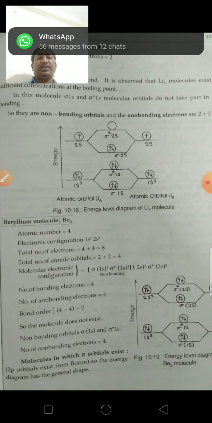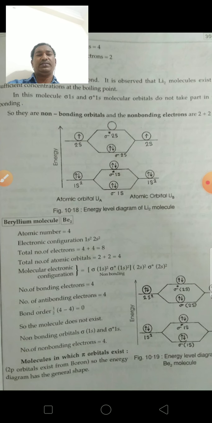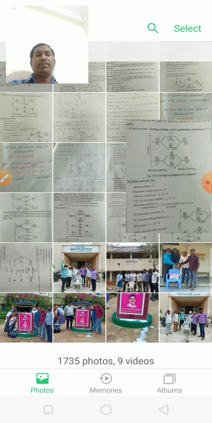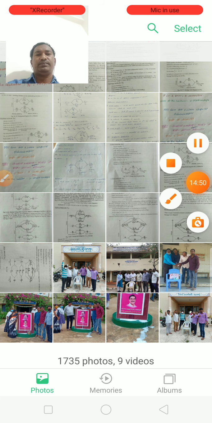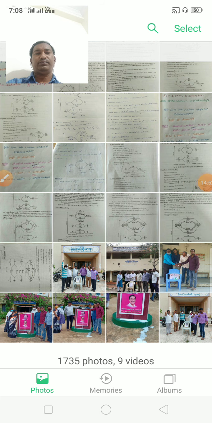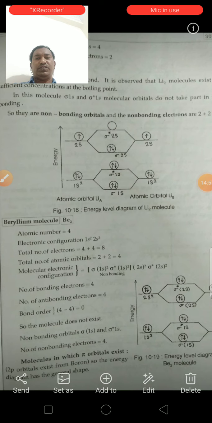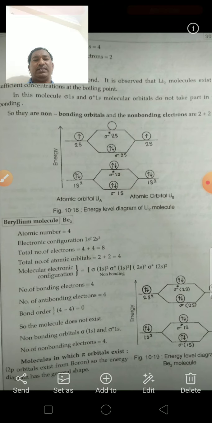These 8 electrons fill the molecular orbitals from bottom to top: 2 electrons in sigma 1s, 2 in sigma star 1s, 2 in sigma 2s, 2 in sigma star 2s. So here the bond order is 0. So the molecule does not exist.